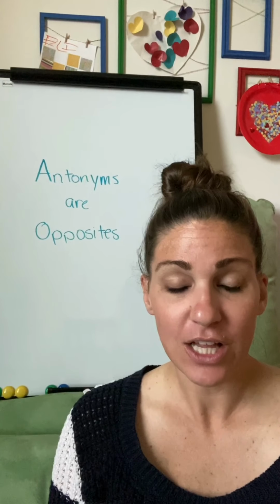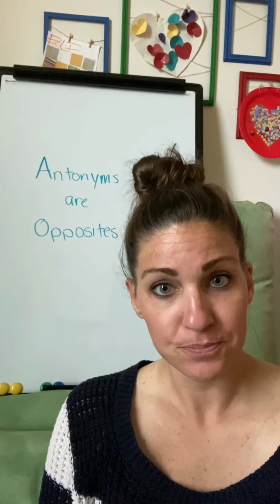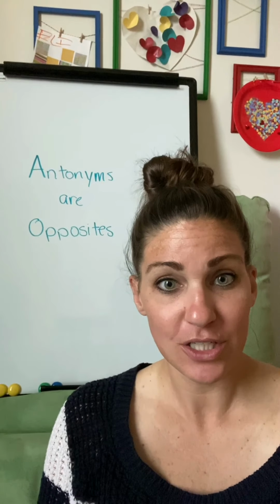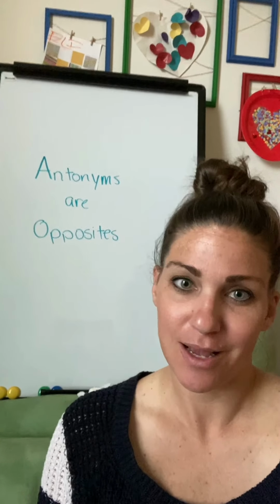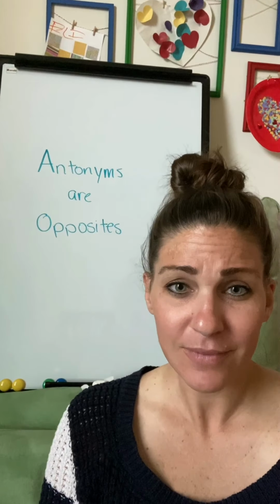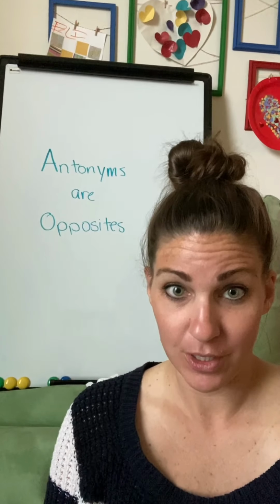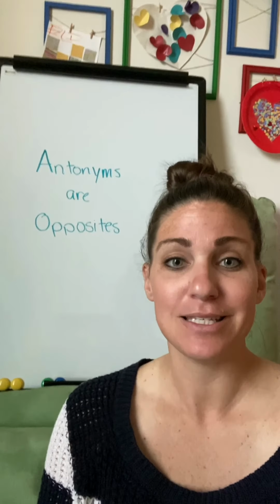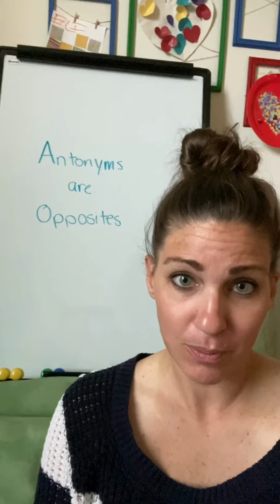So we're going to take a look at some cards that I made and I'll read all the words to you, and then we're going to use them to match up those opposite meanings. You'll see that some are easier than others. And that's fine. If you see a word that you don't know when I'm reading them to you, please pause the video and look it up. You can use your computer if your parents will help you.